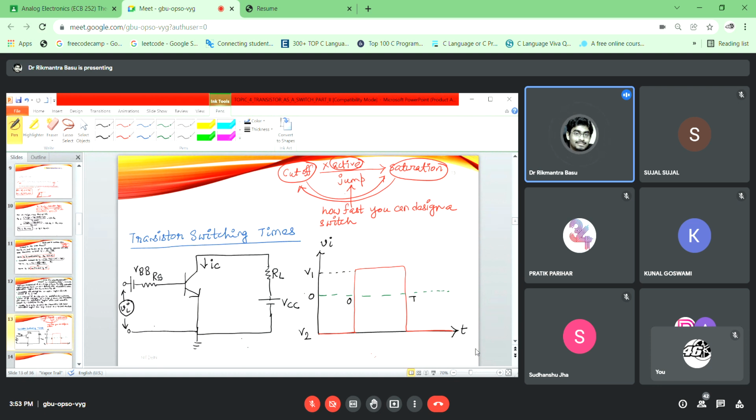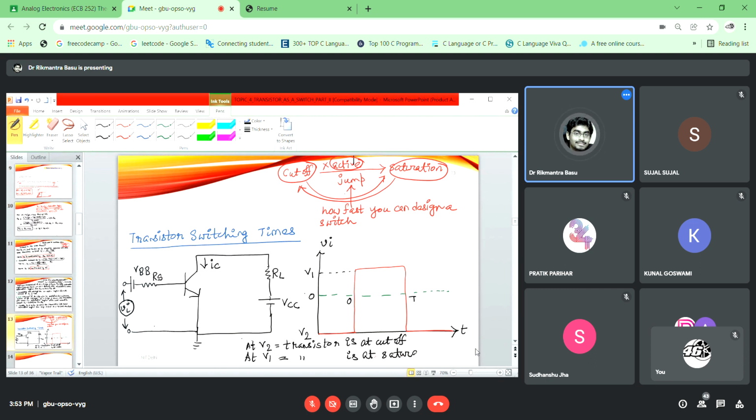So at V2, the transistor is at cutoff, and at V1, the transistor is at saturation.